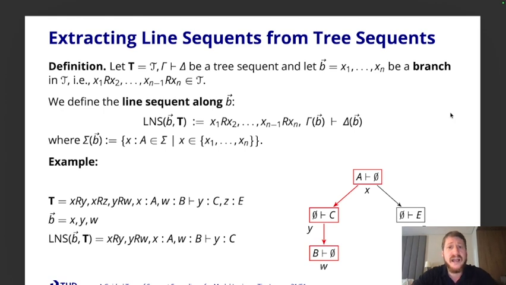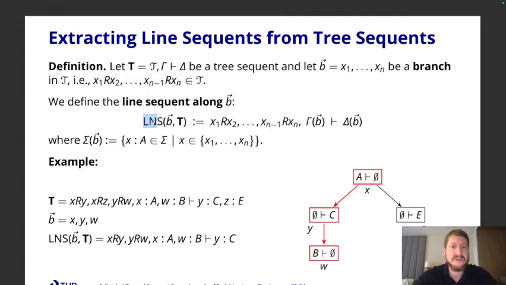And to do that, I need to explain this pruning function, which is going to be defined on this slide. So let bold T be a tree sequent, and let B be a branch, which is just a list of labels or vertices, such that x1 sees xn through some sequence of relational atoms.